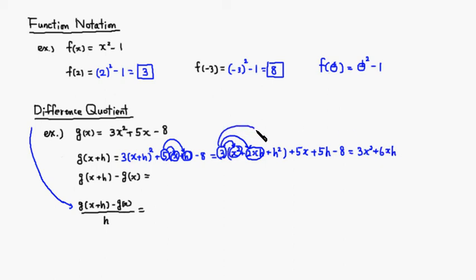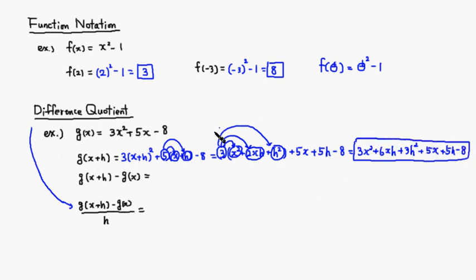And 3 times h squared will be 3h squared. Then you have plus 5x, that's this guy, plus 5h minus 8. So that's the answer for g of x plus h.